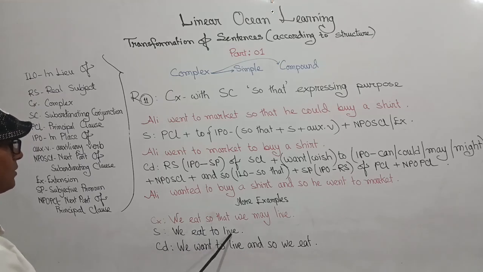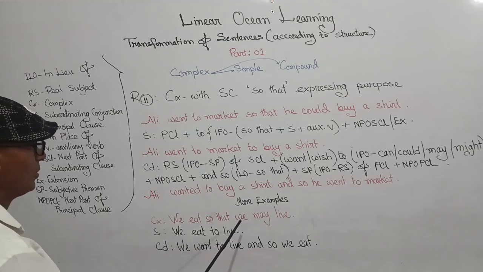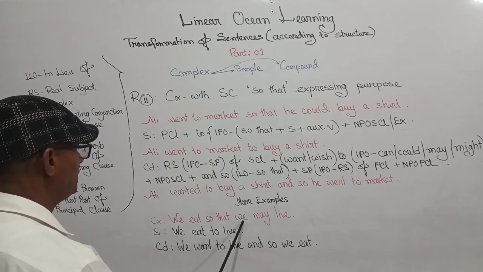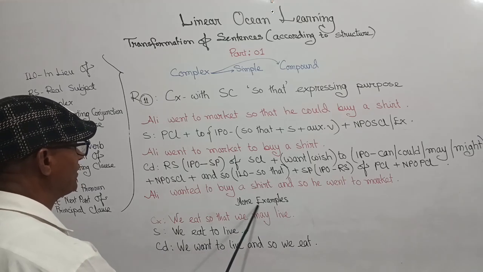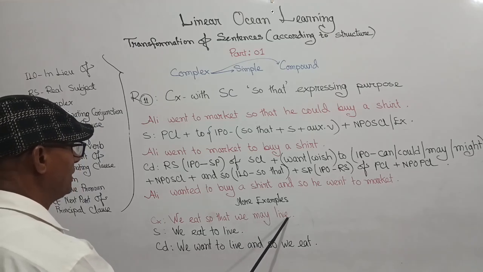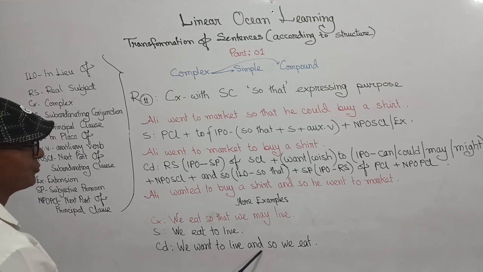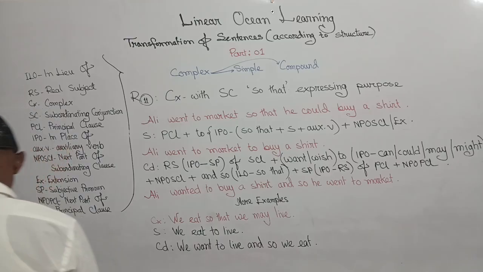We eat to live. Again, if we want to make it compound, we eat so that we may live. First of all, we have to write "we want to" in place of may, or wish to live, and so we eat. We want to live, and so we eat.